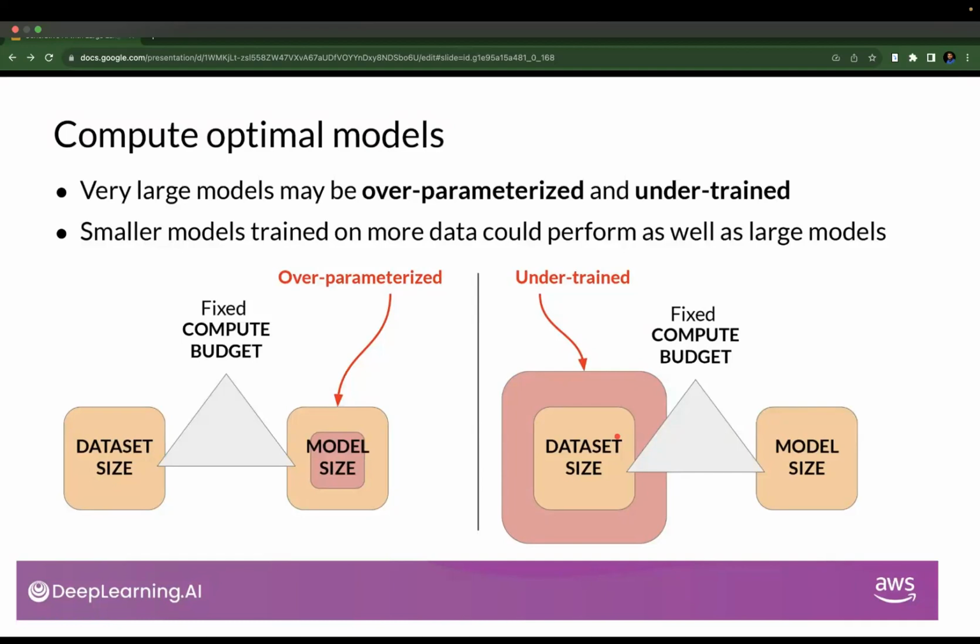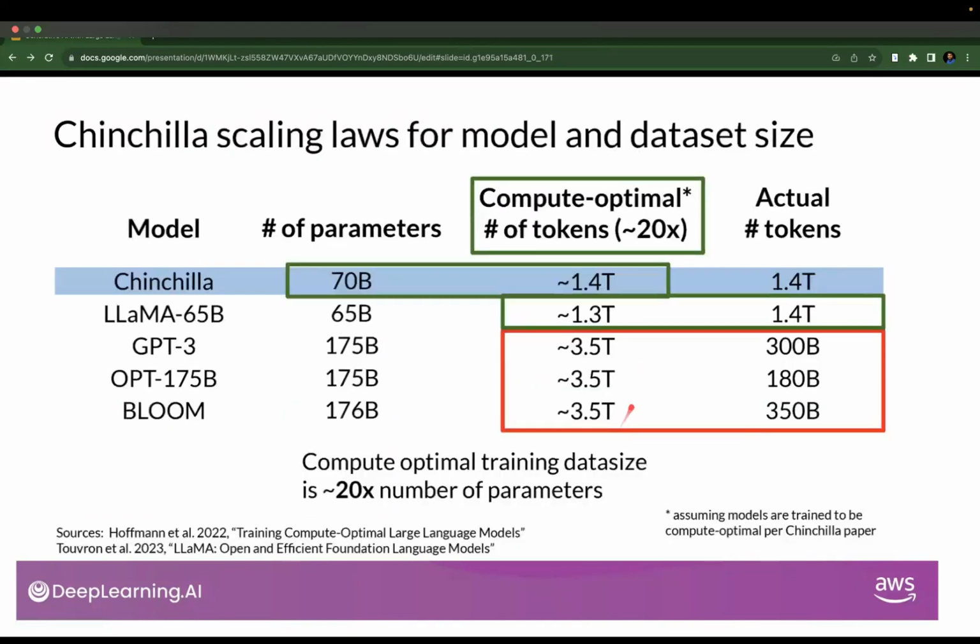So a good balance which the Chinchilla paper recommends is that the number of actual tokens should be 20 times the number of parameters of the model.